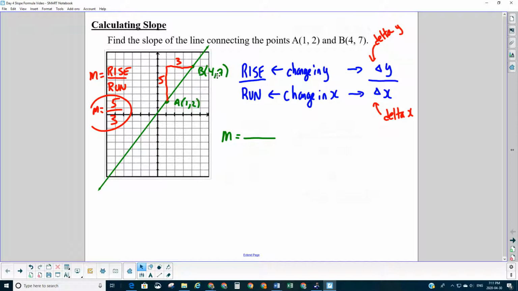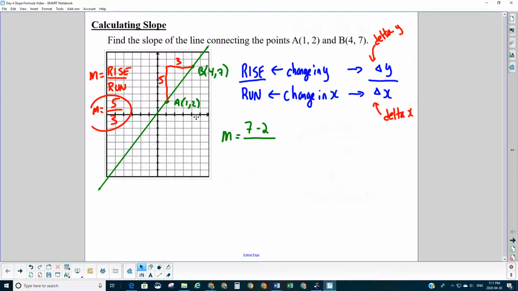So the change from a 2 to a 7, you get that by doing 7 minus 2. Remember, if you're talking about the difference, you start with where you are now versus where you began. If I'm at a 7 now and I began at a 2, the change is a 5. So we calculate that by saying 7 minus 2. The top number, the rise, comes from doing 7 minus 2.